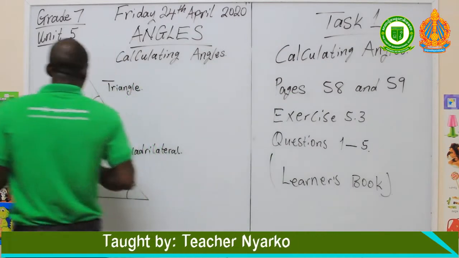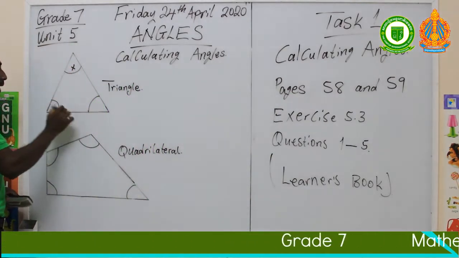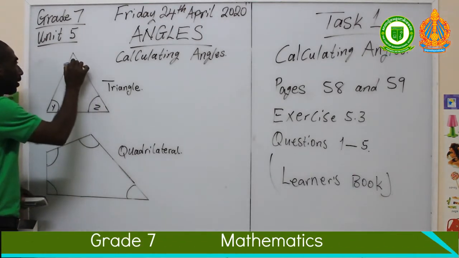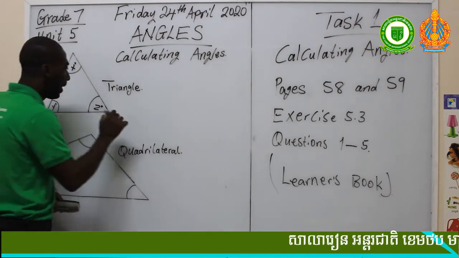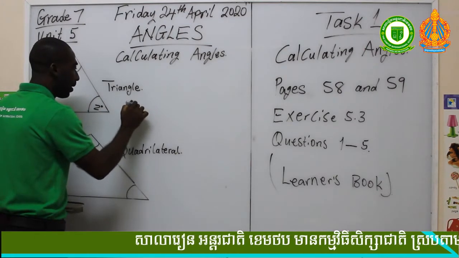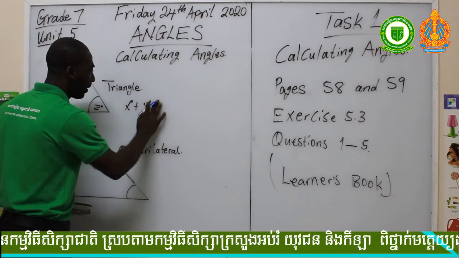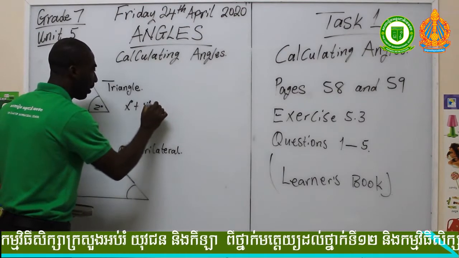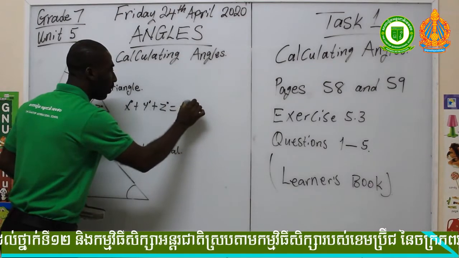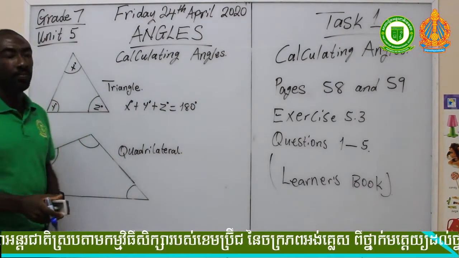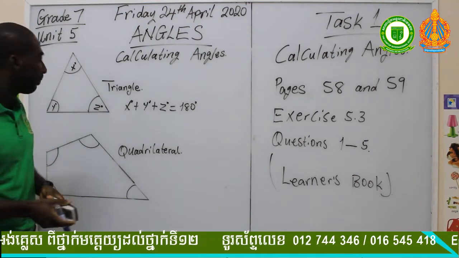So if we name the angles X, Y, and Z, it means that X plus Y plus Z should be equal to 180 degrees. That is the total angle of a triangle.